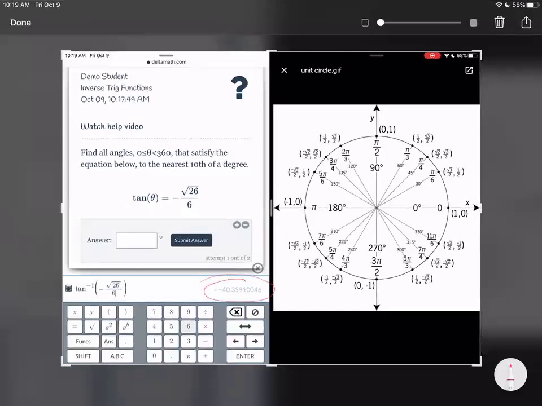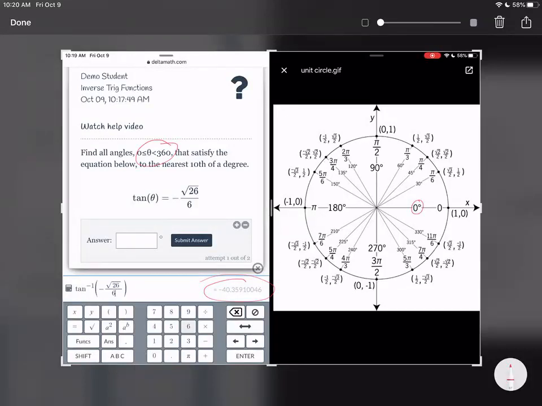Cool, so we got one of our answers, it seems, right? Except that they want our answers between 0 and 360. So this is not what we want yet, but we're going to figure it out, it's okay. So for this one, we have a negative 40 degrees. Just in your head, visualize where the negative 40 would be. So here's 0.